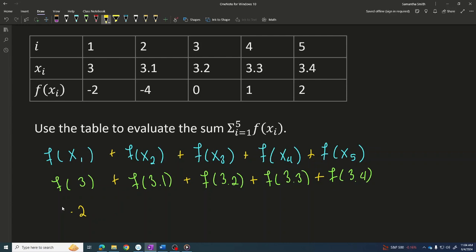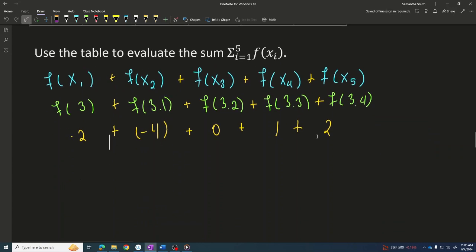My table tells me the second output is -4. My table tells me that the third output is y equals 0. Then the fourth output is 1. Then finally, the fifth output is 2. So what I'm being asked to do is add these output values together. And so what do I have here? This is -6, that's +3. In total, the result of this sum is -3 units.